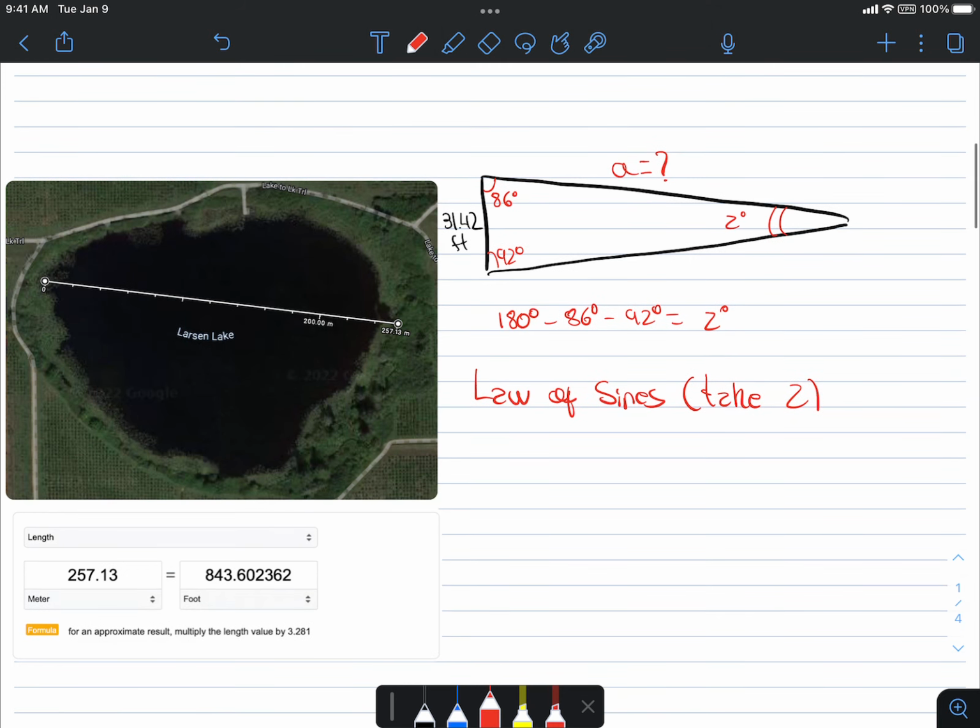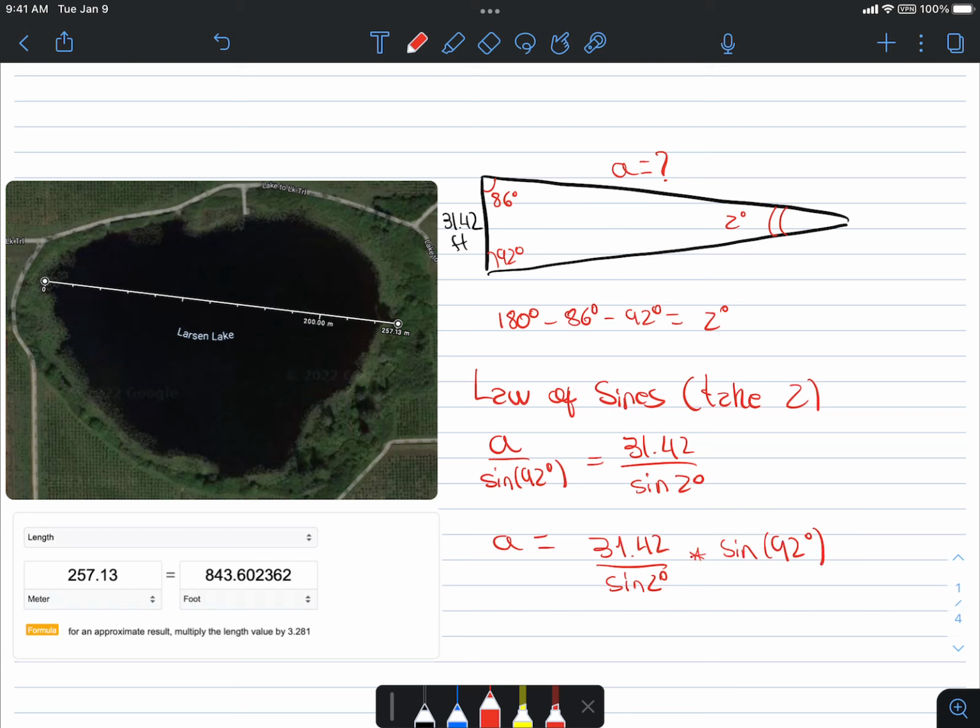will be that A divided by the sine of 92 is 31.42 divided by the sine of 2 degrees. So then A will be 31.42 divided by sine 2 degrees times the sine of 92 degrees.